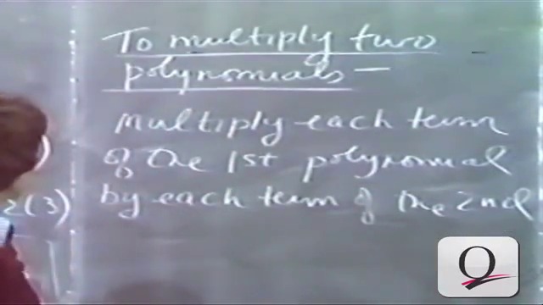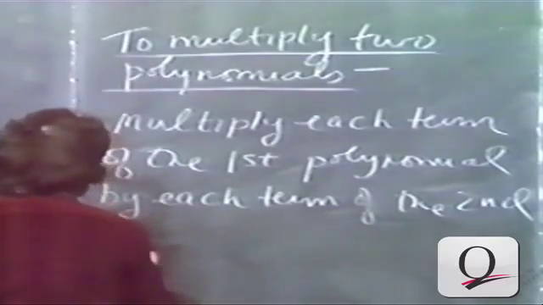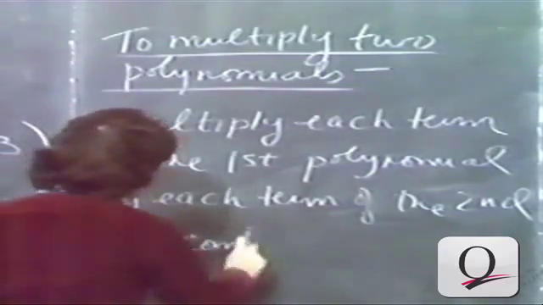Multiply each term of the first polynomial by each term of the second, and then combine like terms if there are any.